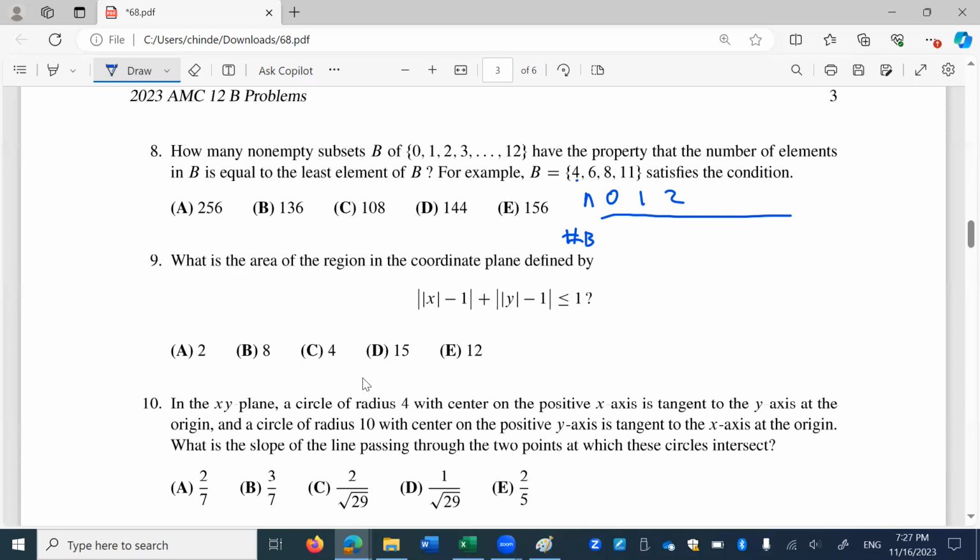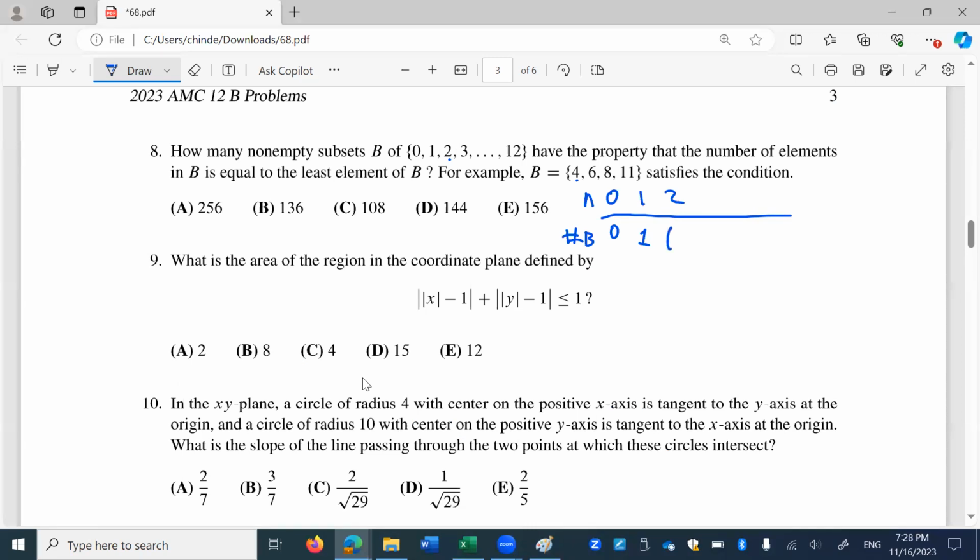Let's count them up. Well, 0 doesn't have any examples, and 1 only has 1. Right? The only subset with 1 element is 1 itself. For 2, though, if I have 2, then now I have 10 numbers, from 3 up through 12, for the second possible element.